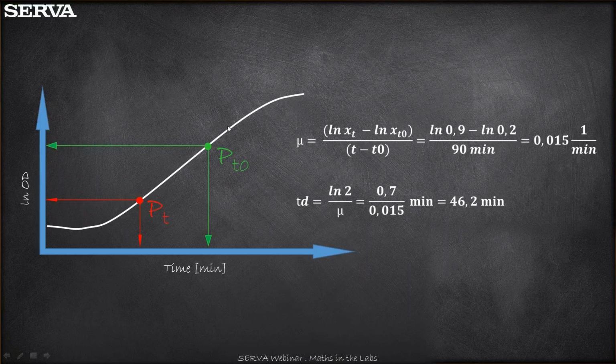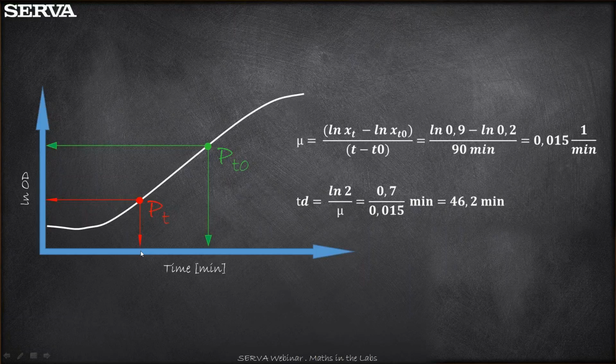Somewhere in this linear region, you choose two fixed points. I called them PT and PT0. You can also call them Peter and Paul, or Mary and Jane, or whatever. My tip is to select these two points in a way that you can read an even number on the timeline.